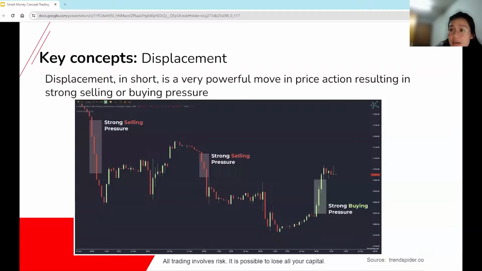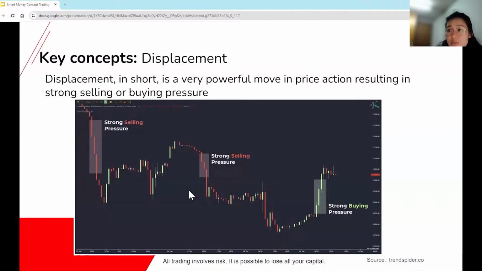These candles typically have a large real body and very short wicks, suggesting very little disagreement between the buyers and sellers. Often a displacement will occur just after a liquidity level has been breached, like we see here, and will often result in the creation of both a fair value gap and a market structure shift. We'll get into what those are in a little bit as well.